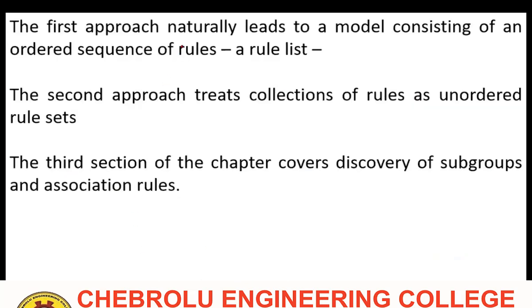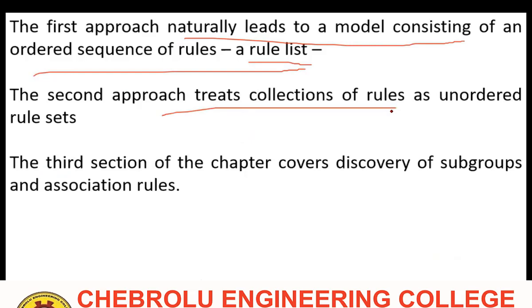The first approach naturally leads to a model consisting of an ordered sequence of rules called a rule list. But the second approach treats the collection of rules as an unordered rule set.